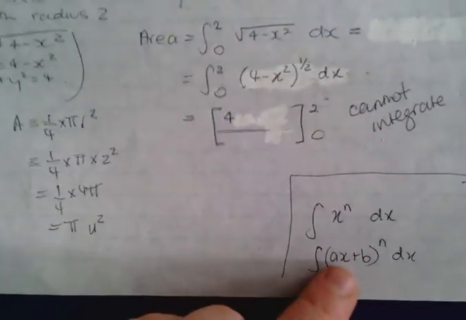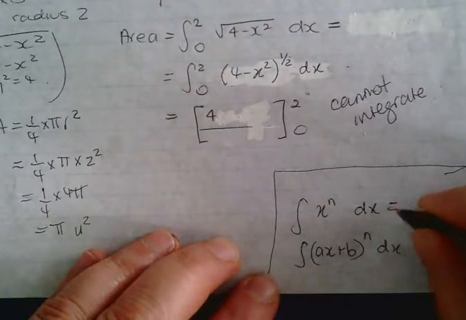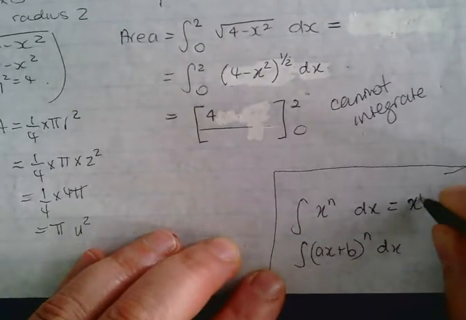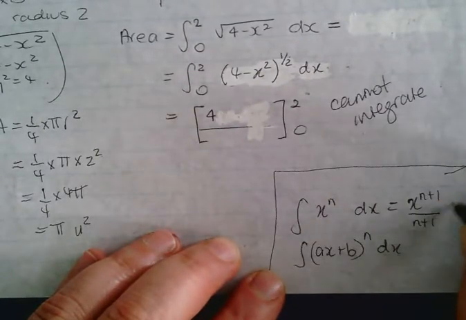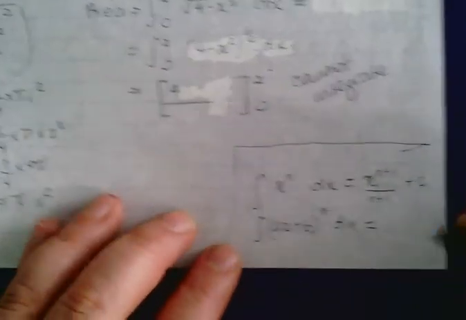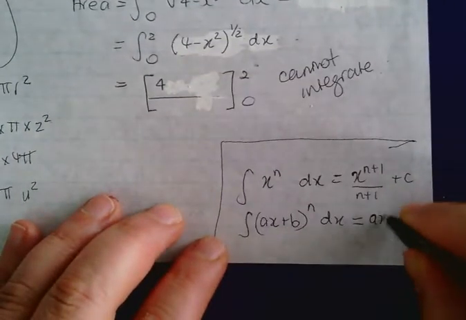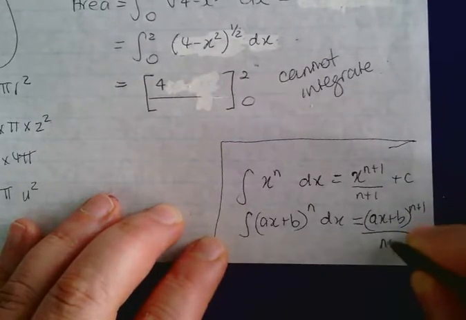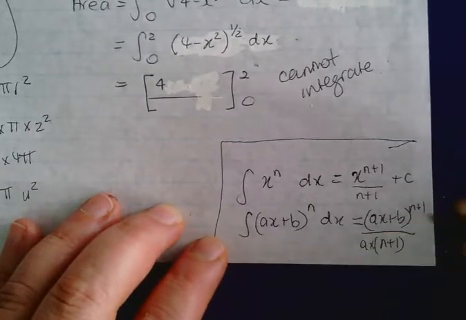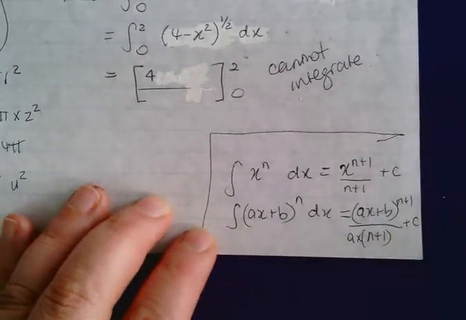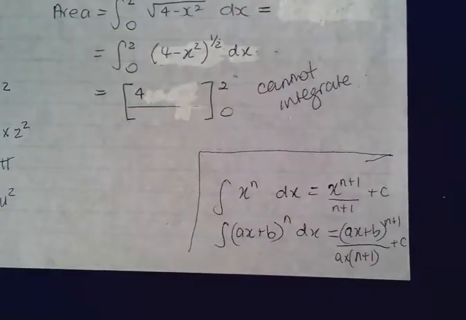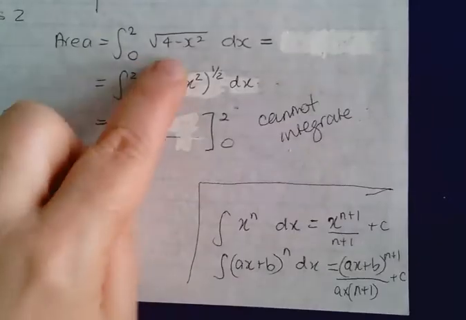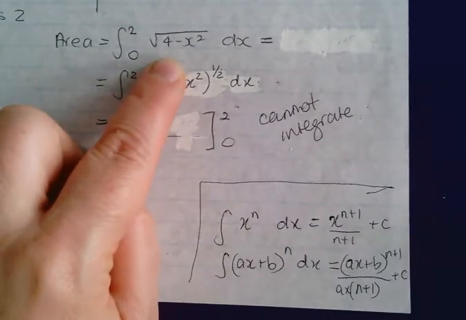These are the only things you know how to integrate. What do you get when you integrate x to the n? X to the n plus 1 over n plus 1 plus c. What about this one? Ax plus b to the n plus 1 over n plus 1 times a plus c. Okay, so you can only differentiate that, not integrate.